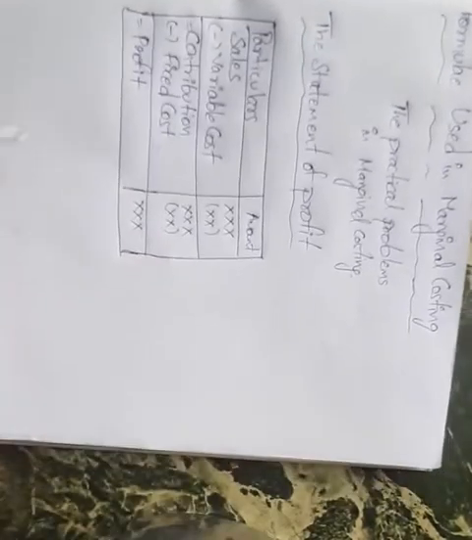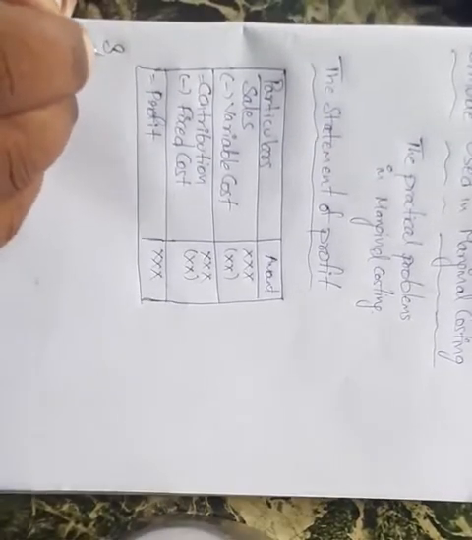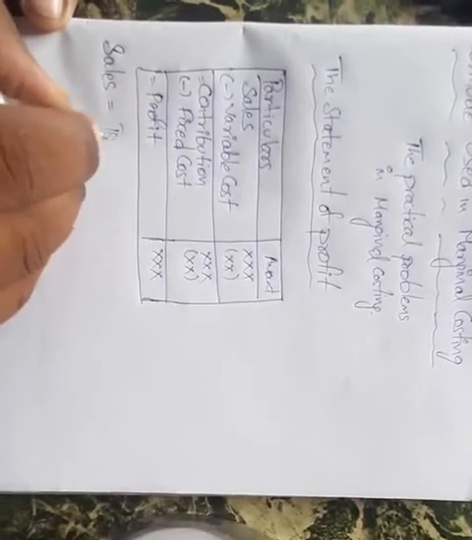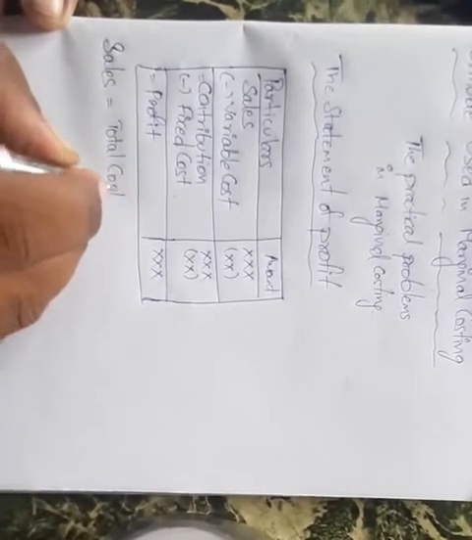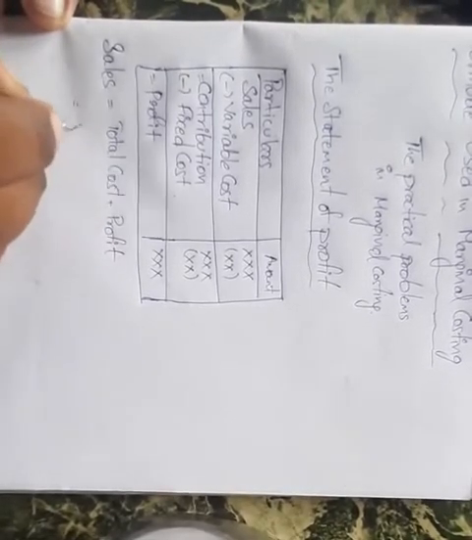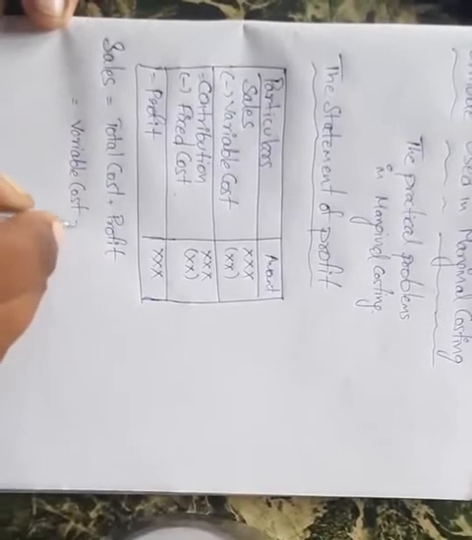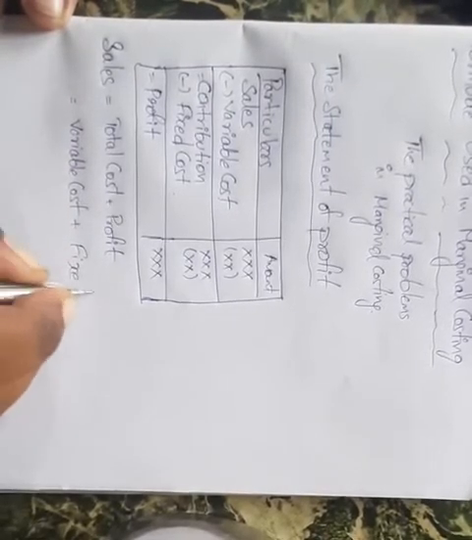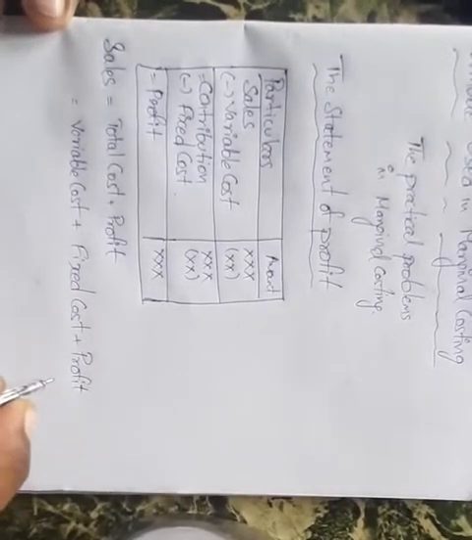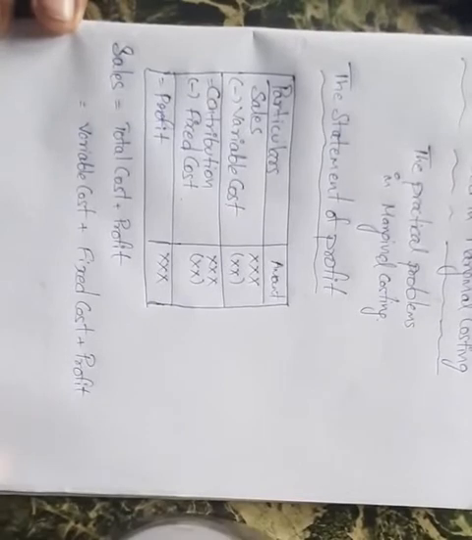Here you can understand from this that sales is equal to total cost plus profit, that is equal to variable cost plus fixed cost plus profit.